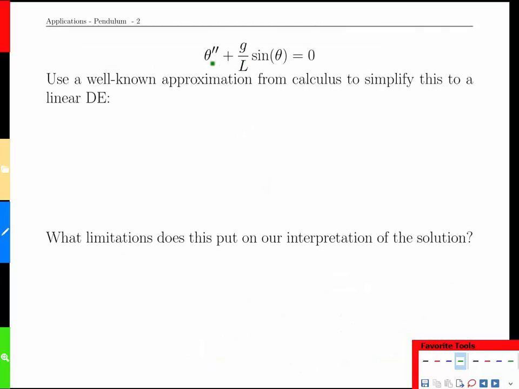Well, with this differential equation, we can approximate. And one of the approximations that you cover in calculus, and this would be a linear approximation, or if you like, go back to your tangent plane, tangent line equations, the sine of theta can be approximated by theta itself. What do you mean?